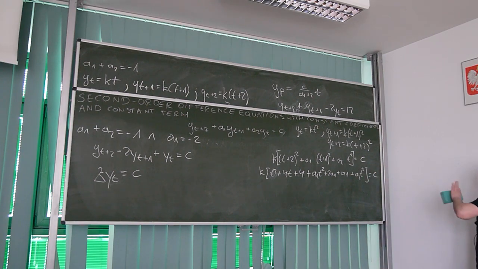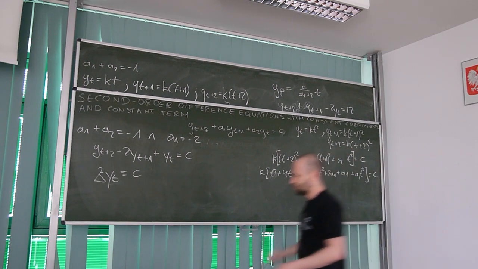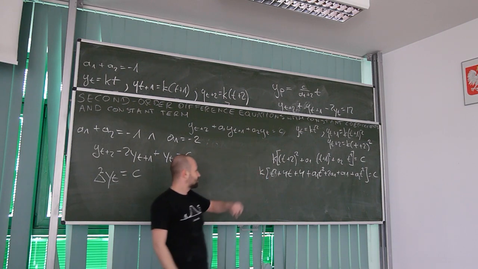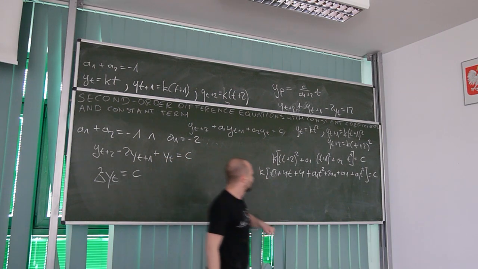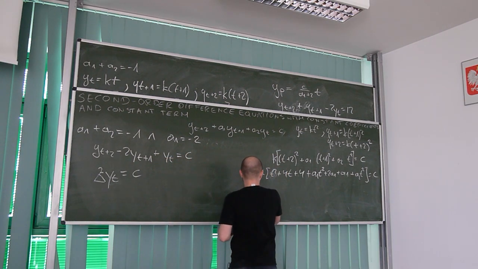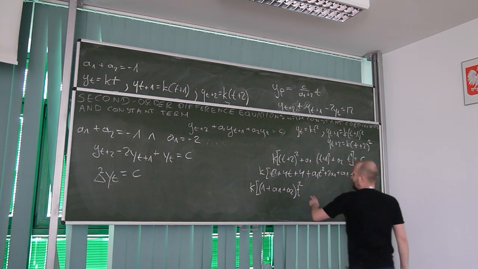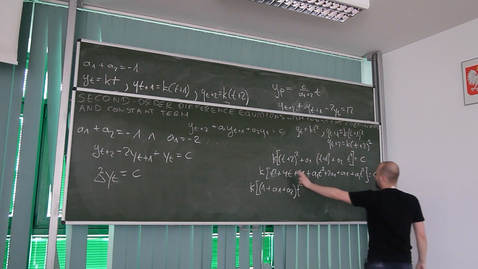Let's do the same thing we've done previously: let's collect all the expressions, this time with t squared together and then with t together. So we've got k times (1 plus a1 plus a2) t squared.